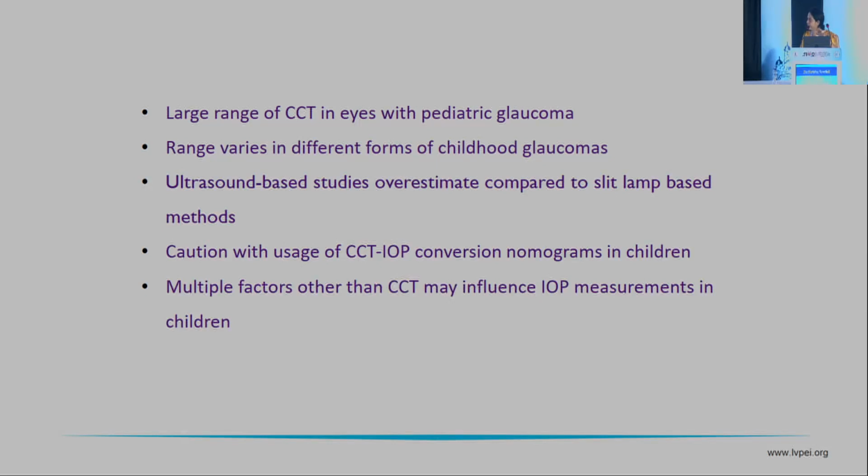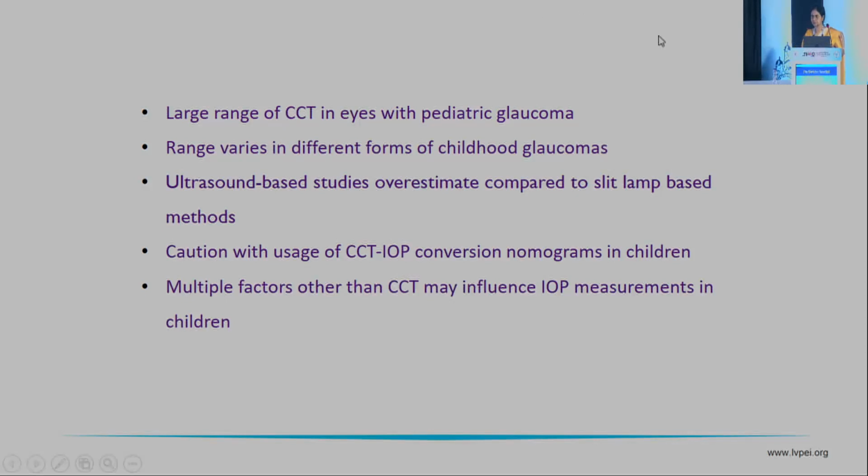So I think there are a couple of situations where it would be very helpful for us. But yes, CCT, unlike in the adults, is also something that keeps varying from time to time. Whether it is primary congenital glaucoma or it is secondary glaucomas, it is going to vary. You can also use CCT to understand if the edema is increasing or not. So that also tells you that possibly the intraocular pressure is on the higher side. So central corneal thickness is something that in children is used slightly differently compared to what we do in adults. But yes, it definitely has some role to play.